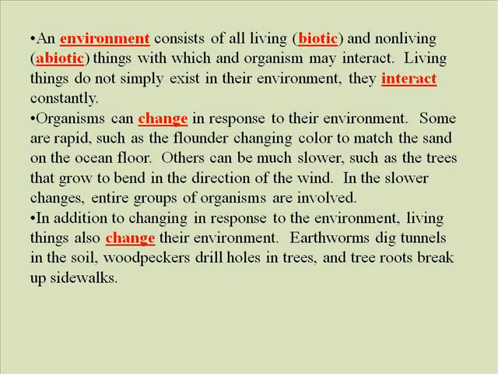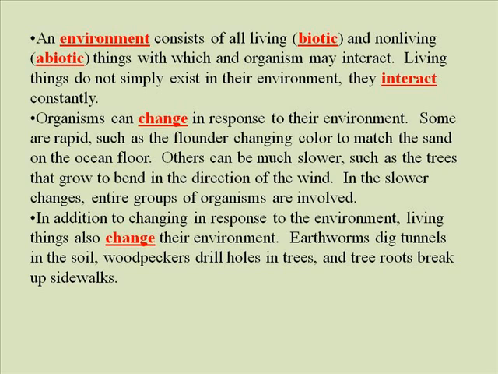Now, living things don't just exist, they actually interact constantly. They interact with other living things, but they also interact with some non-living things that are in the environment. For example, there are some organisms that can actually change in response to their environment. Some are very quick, like a flounder or even an octopus can actually change color to match the sand on the ocean floor.